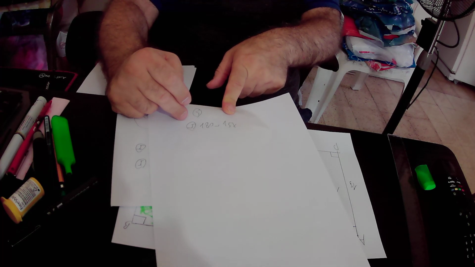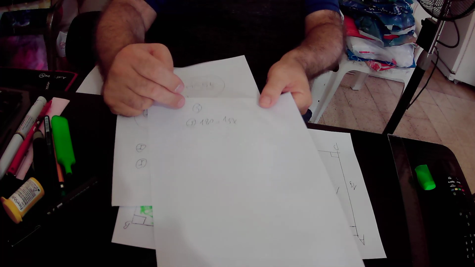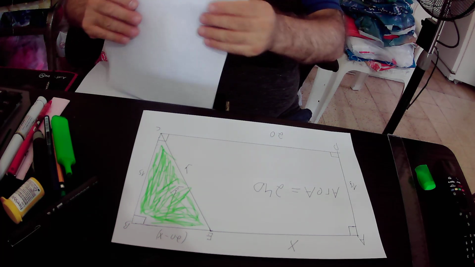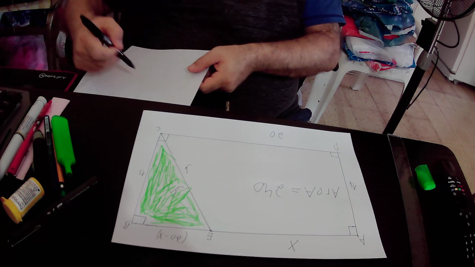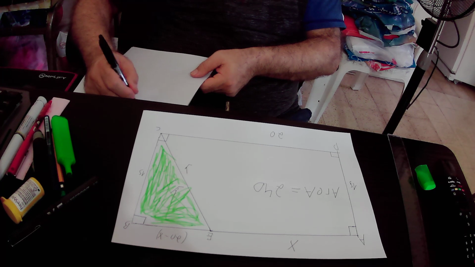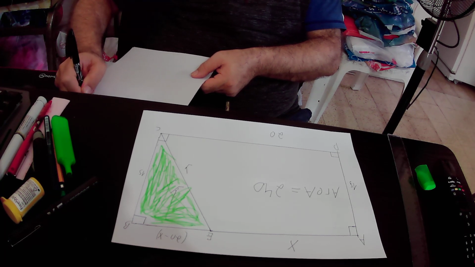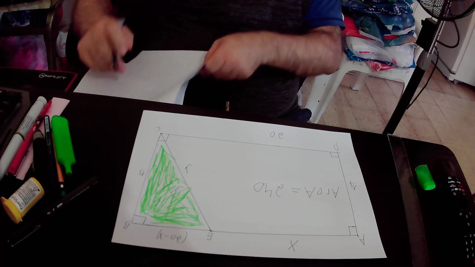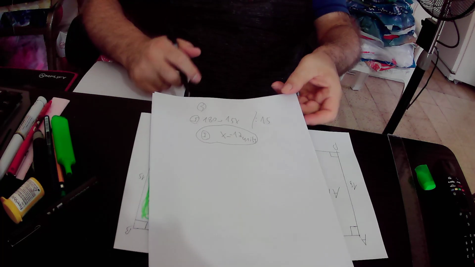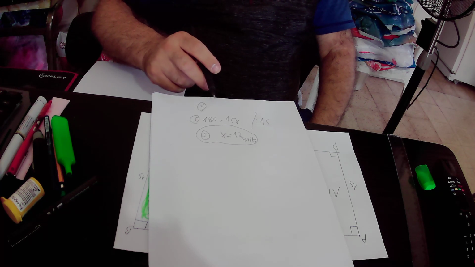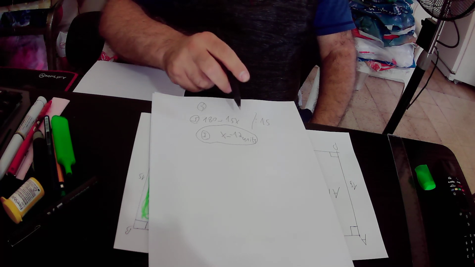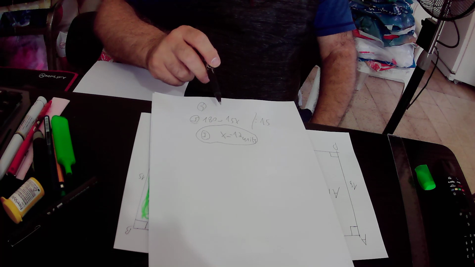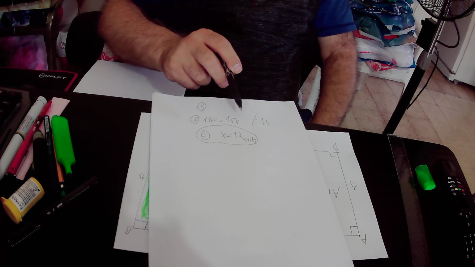We'll divide equation number 1 by 15. So 180 over 15 equals 12. So we got that x equals 12 units.